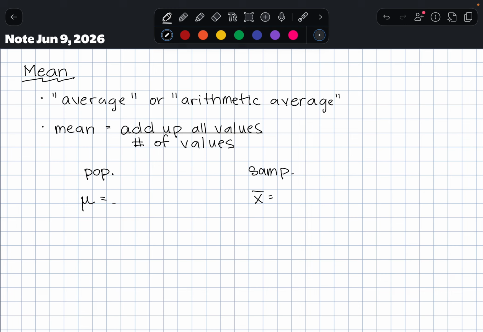Both of these equations have the same structure. I'm doing a division problem. I'm dividing a sum of values, adding up all the values. So I'm going to use the shorthand for sum, which looks kind of like a wonky E. This letter here is a capital sigma, and it means to add or to sum.